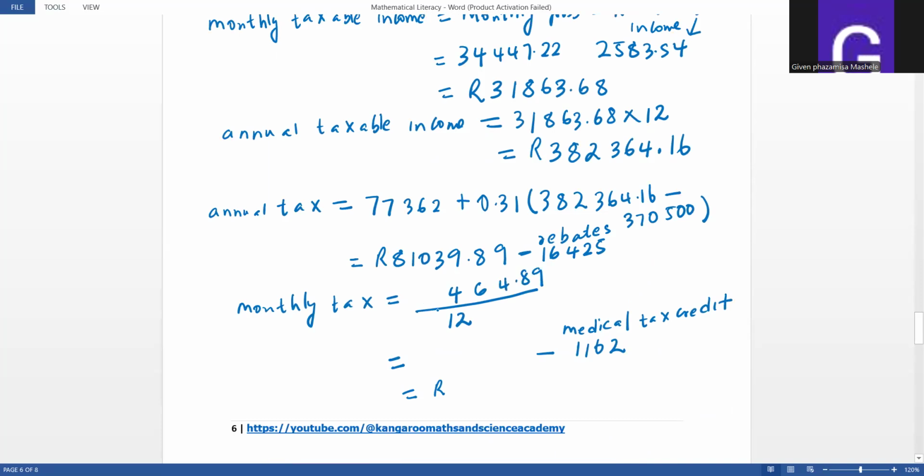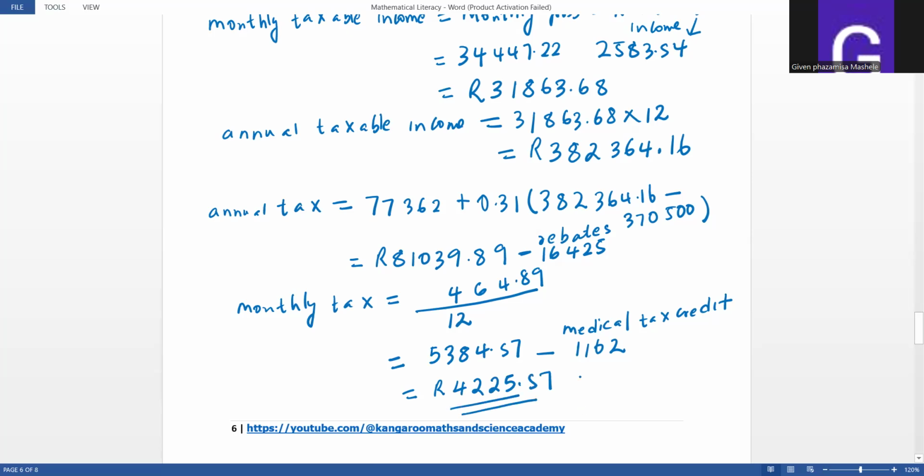This will give us an amount of 5,384 rand and 57 cent. So 5,384.57 minus 1,162 will amount to 4,225.57.